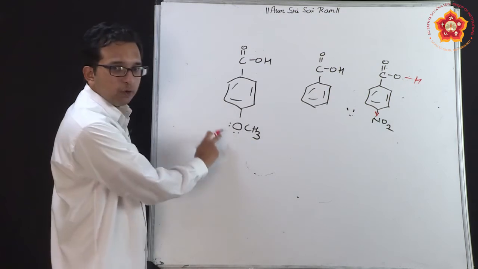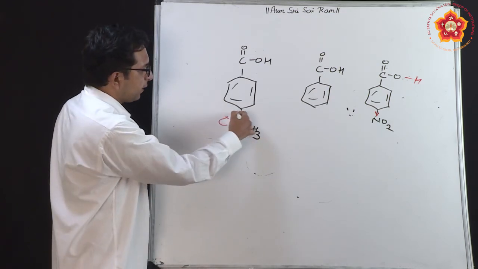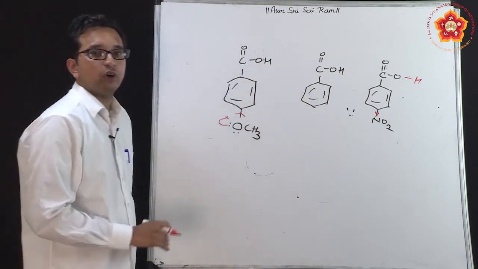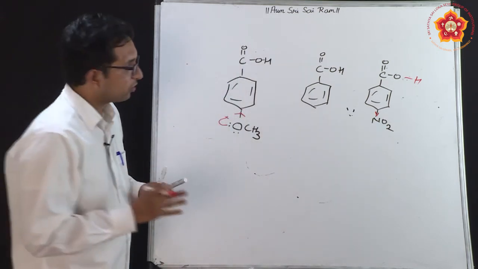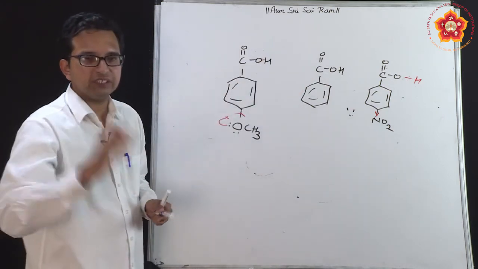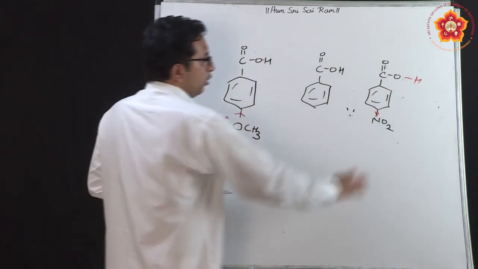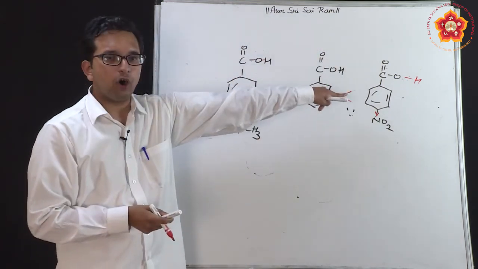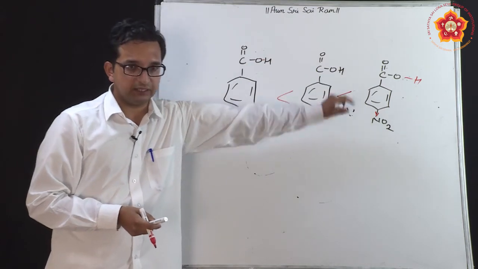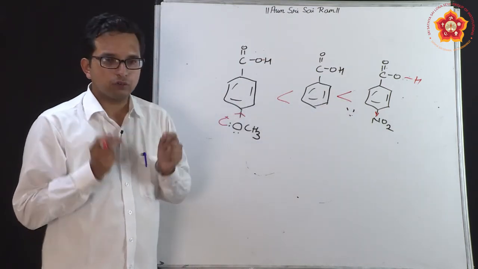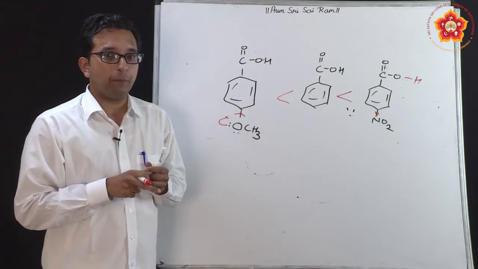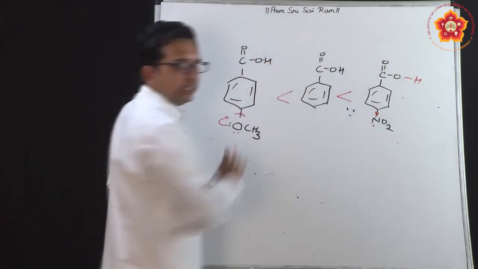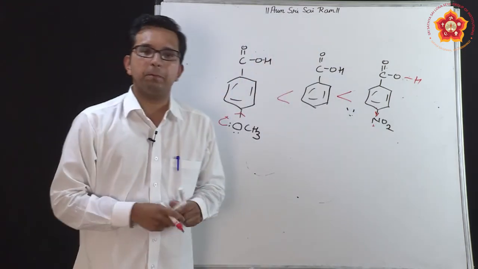But OCH3 will rather supply electrons to the benzene ring and therefore increase the concentration of electrons, so the release of H plus there is not easy. This is how we can say that the presence of an electron withdrawing group is definitely more suitable for acidic compounds, as it will withdraw electrons, reduce density, and H plus release will be pretty much easy.